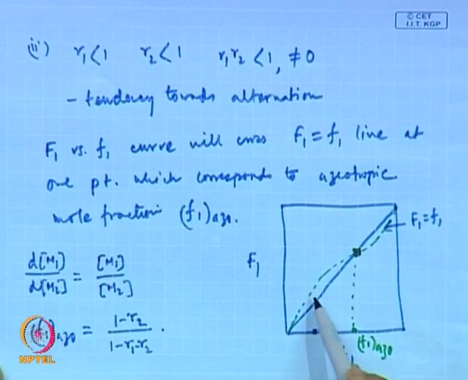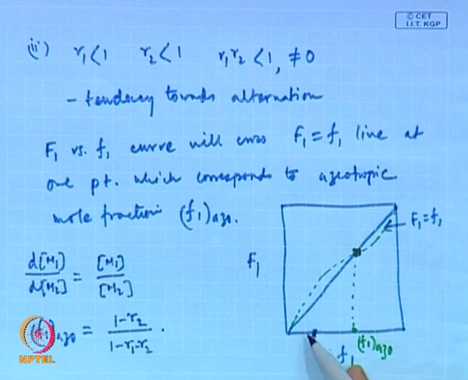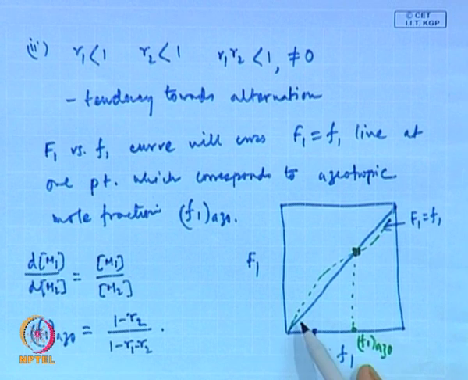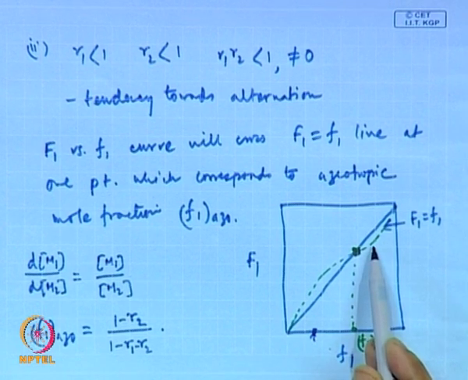So, what will happen if you start from this point? The M1 will get incorporated in the chain at a much faster rate. So, eventually the concentration of M1 monomer in the reaction will come down to 0. If you start at a point somewhere above this point, then a smaller fraction of M1 would get into the chain.